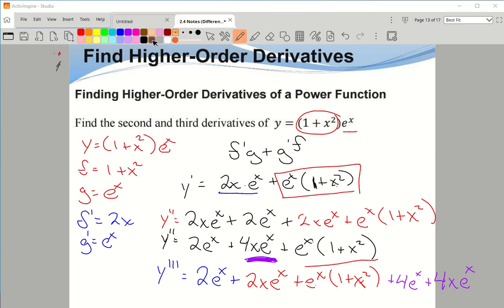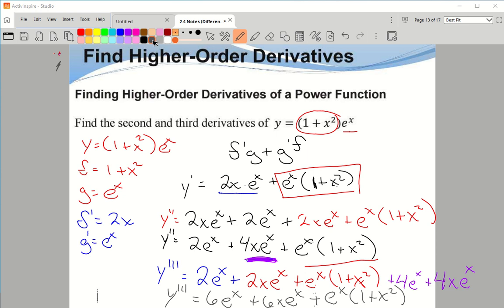Okay, so I'm going to combine. So I could combine my 2 e to the x and 4 e to the x. So my y triple prime still is going to be 6 e to the x, my 2x e to the x and my 4x e to the x is going to be plus 6x e to the x, and then bring down my other one, which is plus e to the x, 1 plus x squared.